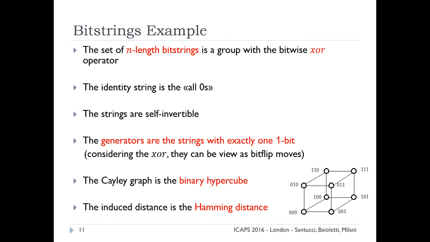The strings are inverse of themselves, and the generators are the strings with exactly 1 bit, and all others 0. Considering the XOR, they are exactly the bit flip moves. So the Cayley graph is, in this case, the hypercube, and the shortest path distance in this graph is exactly the classical Hamming distance.